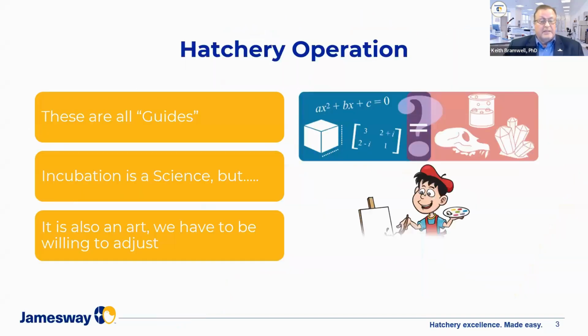Incubation is a science, so we know exactly what needs to be done for the most part, but it is also an art. That's where we have to adjust. A hatchery in Egypt and a hatchery in Nova Scotia, Canada, have such different external environments that we have to start making some tweaks and changes based upon our results.